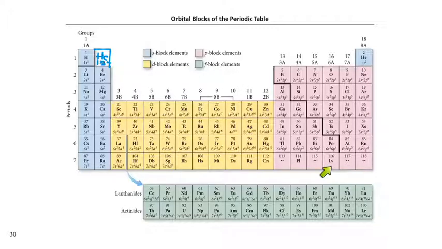Well, Lv down here, livermorium, would be the electron configuration for radon, plus 7s2, 6f14, 5d10, 7p4. You just read it off the periodic table.